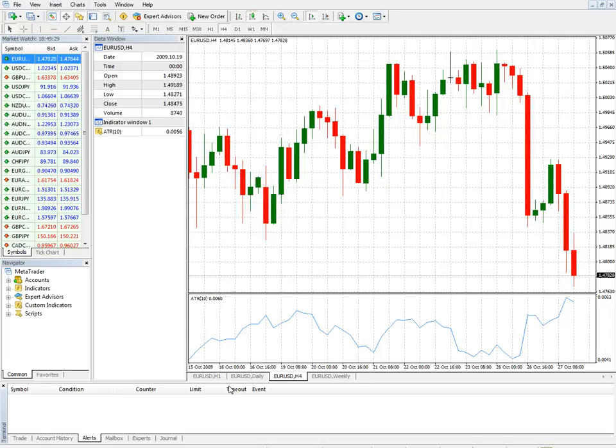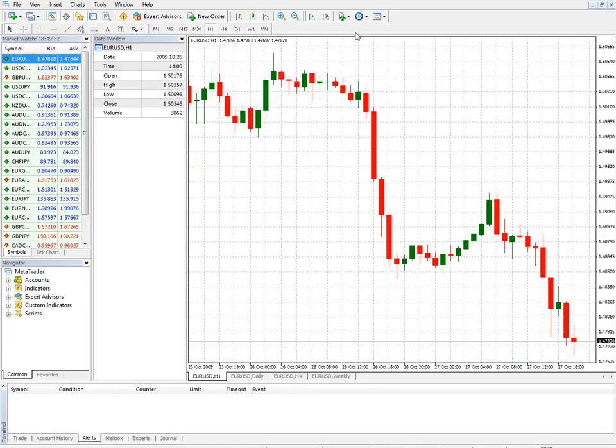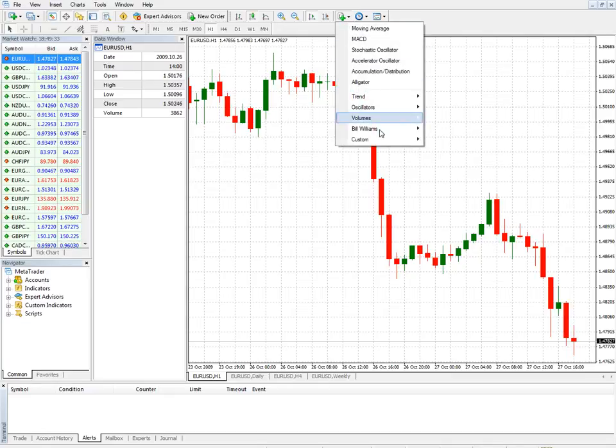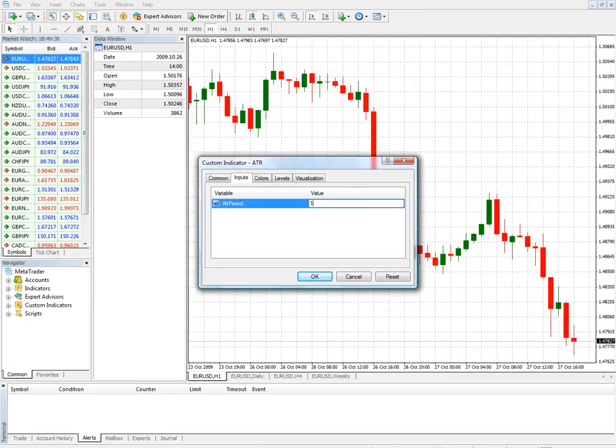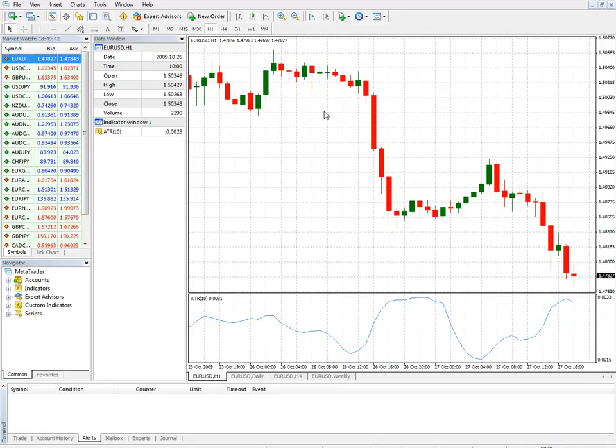So we're going to move down to 1 hour, and we'll do the same thing as we did before. ATR. And I'm simply changing this to 10 periods for the sake of consistency here. Okay. All right, you see much more reasonable ATRs here.